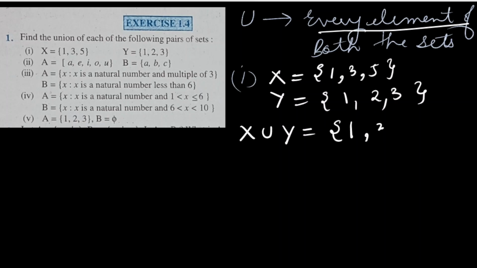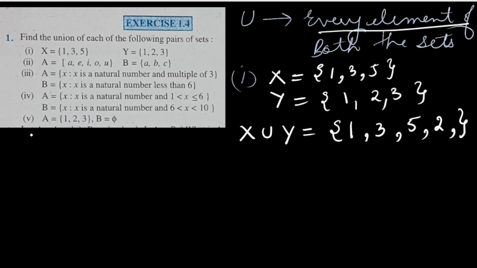Then 3, 5. I have written the elements of set X. Now in Y, 1 is there, so I don't have to write it again. Then 2 we will write. Then 3 is there, no need of writing again. So X union Y is 1, 3, 5, 2. So all the elements I have considered here.